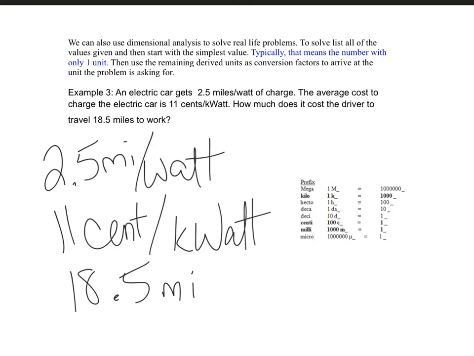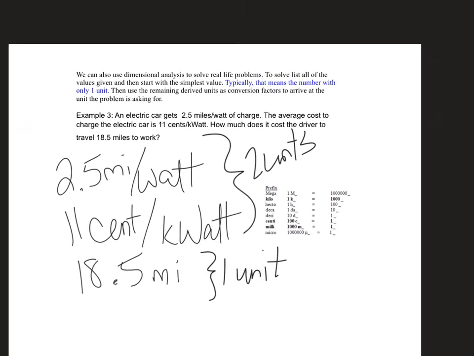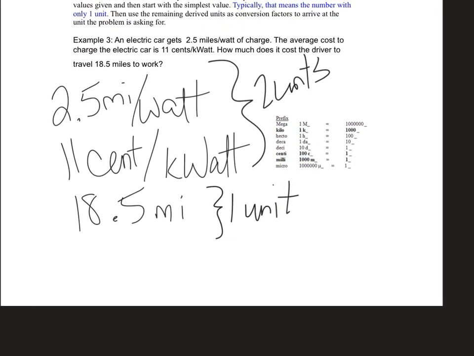So if we look through our information, these two, the 2.5 miles per watt and 11 cents per kilowatt, have 2 units each, whereas 18.5 miles only has 1 unit. So simplest in this case means we're going to start our dimensional analysis with 18.5 miles.